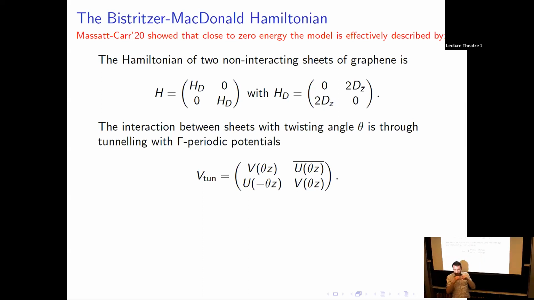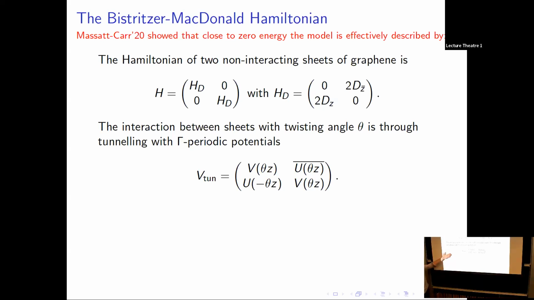It's a low energy limit because what we are interested in is the electronic structure close to zero energy, and that's where this comes from. So the continuous model doesn't really see the honeycomb lattice anymore. Well, in some sense it does because of the tunneling, but that's where the Dirac operator comes from. It's some linearization of the tight-binding model.